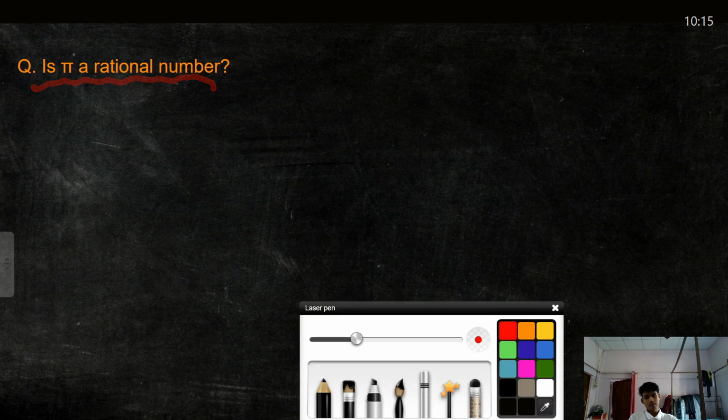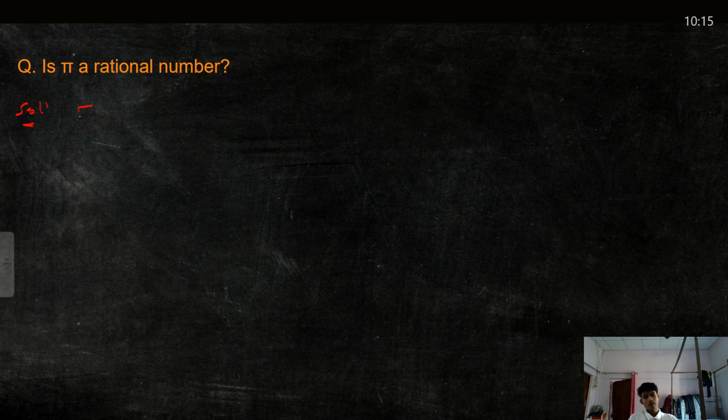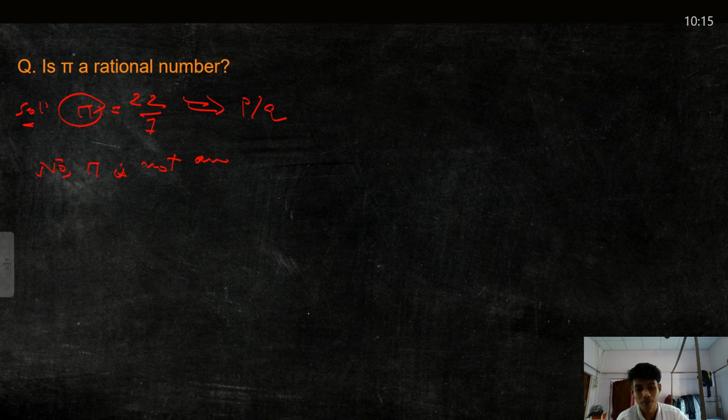Now from the previous classes, we have written the value of pi as 22 by 7. Now this 22 by 7 is in the form of p by q. Then is pi a rational number? The answer is no. Pi is not an irrational number. Sorry, not a rational number.